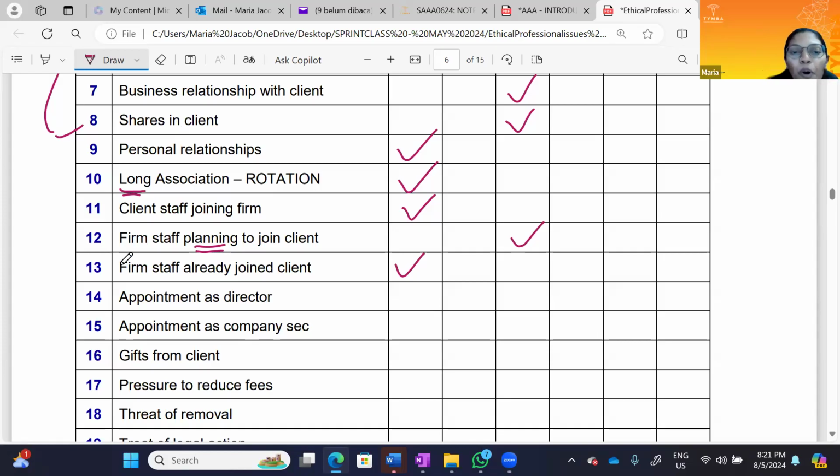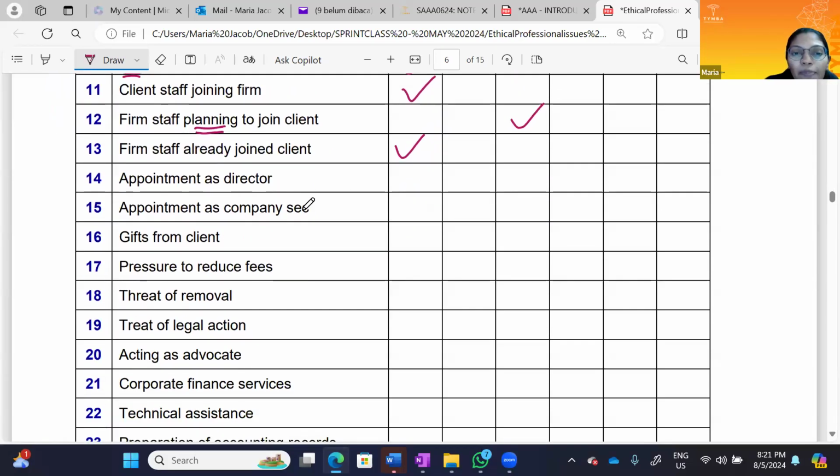So now appointment as a director, appointment as company secretary. All this is going to give rise to what type of threat? The appointment is going to be beneficial for me, isn't it? If you have any appointment, correct? Self-interest.